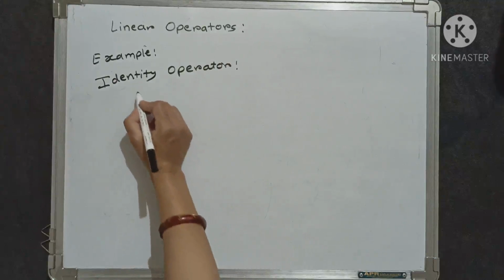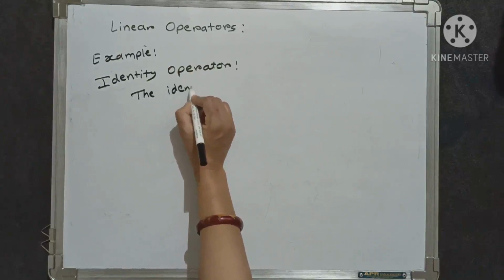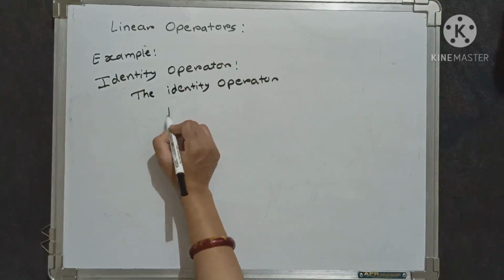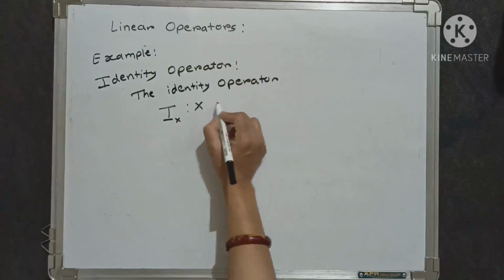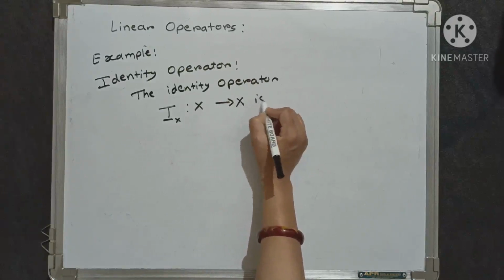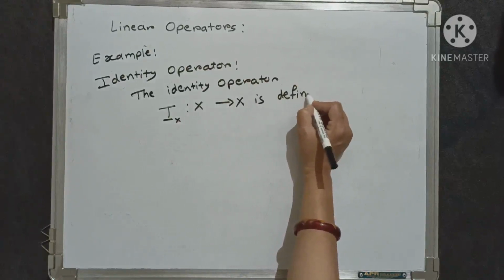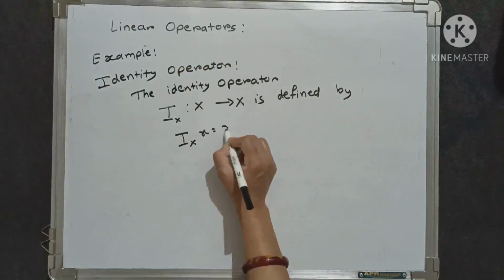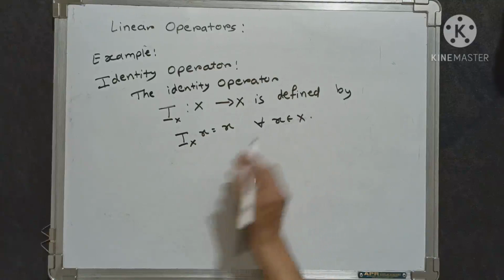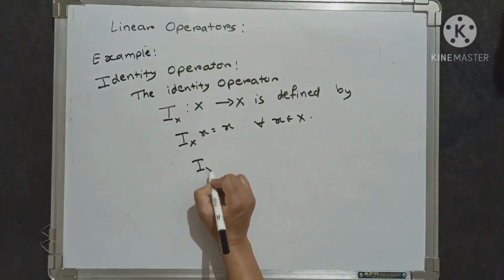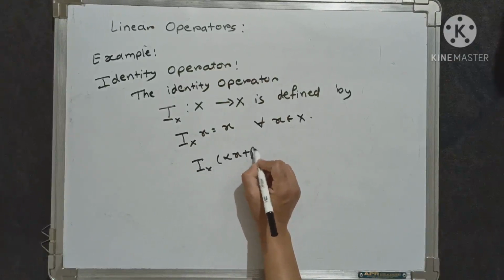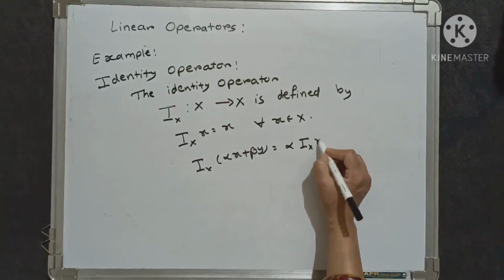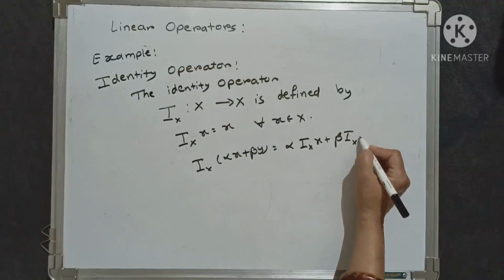Now here the identity operator Ix, which is from X to X, is defined by Ix of x equals x for all x belongs to capital X. Then clearly Ix of alpha x plus beta y equals alpha Ix of x plus beta Ix of y.